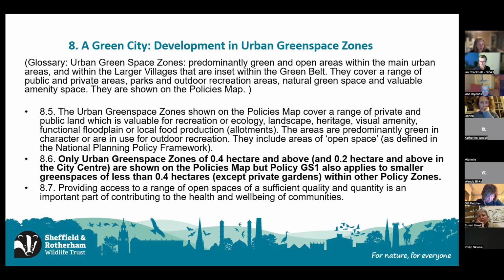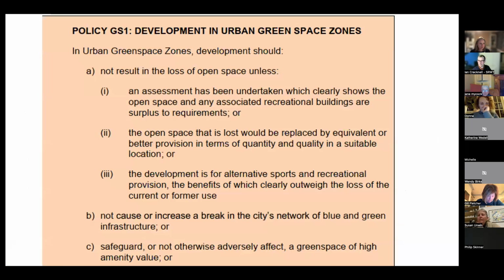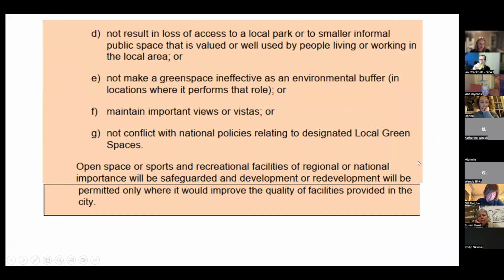So I think that's pretty strong in terms of protection for green spaces, because it talks about not resulting in the loss of open space unless these things are fulfilled. So yeah, I think that's quite good. So I think overall the plan's quite good for protection.